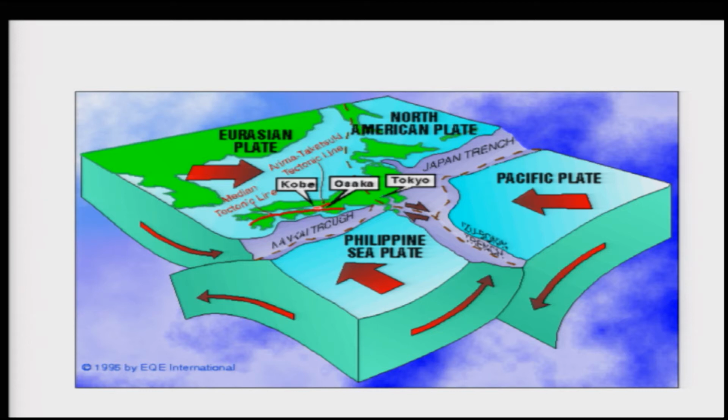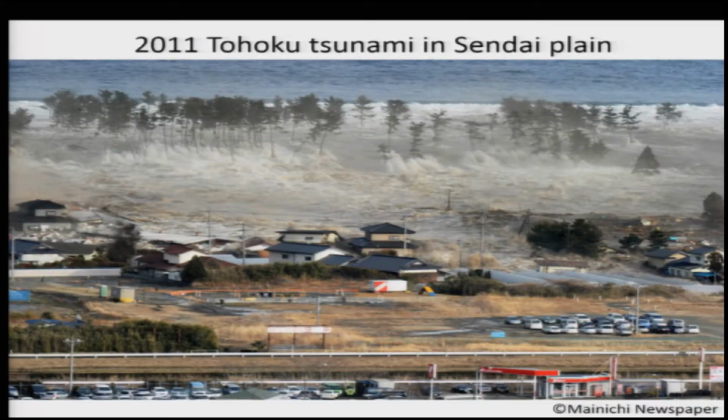So it's a very complex tectonic setting, and absolutely ideal for triggering large magnitude earthquakes and tsunamis. So in 2011, this was the wave condition of the tsunami which was generated by a 500 kilometer long rupture.